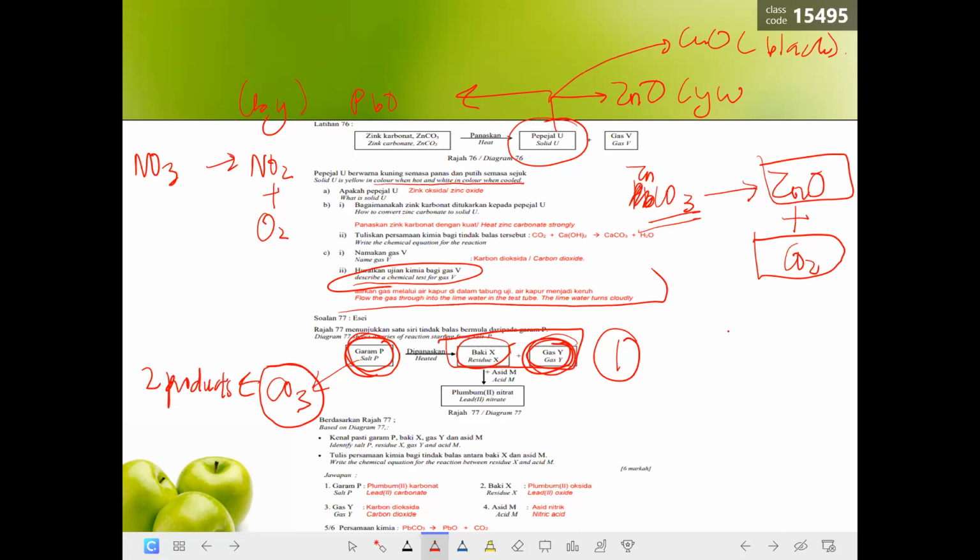In my residue, I know I have an oxide, but they're very sneaky. They didn't tell me more. And then when teacher adds acid M, I will have lead nitrate. So what do you think is my acid M? And what do you think is my cation here?